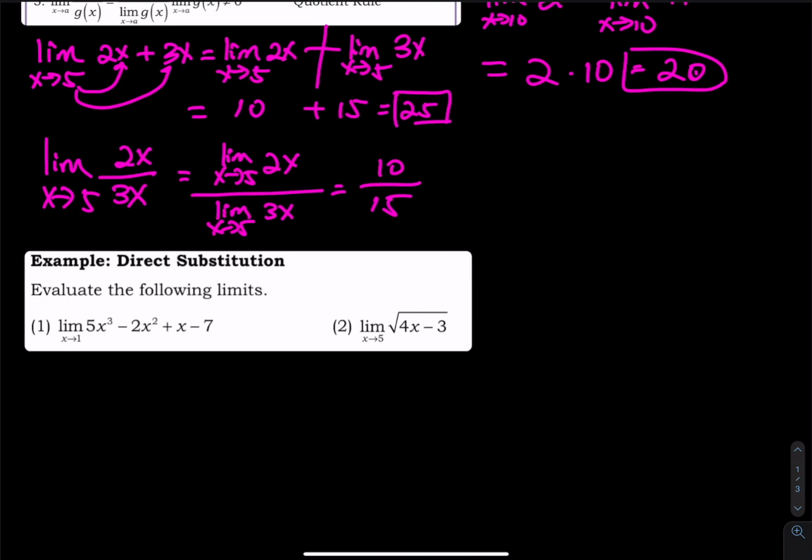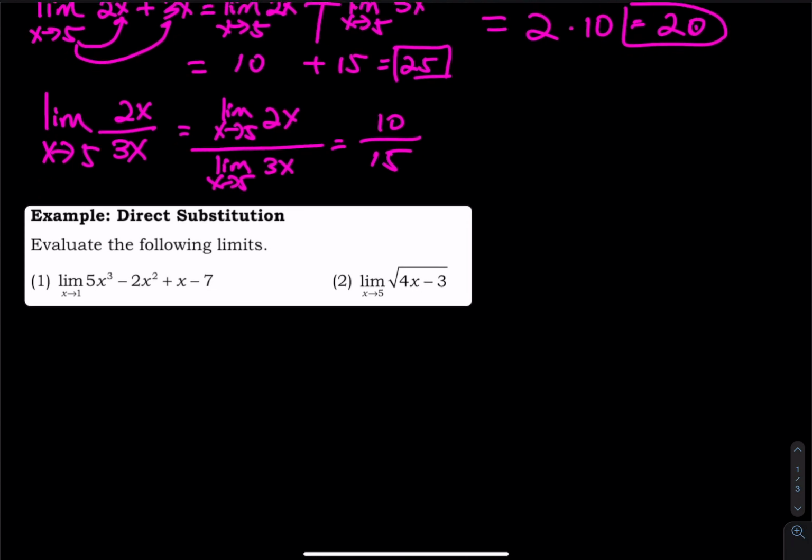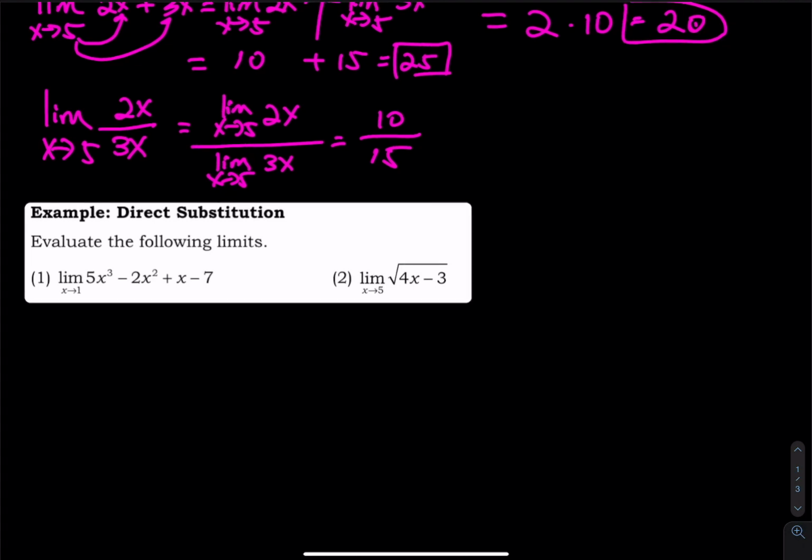You don't see a fraction, so you don't need to worry about having a 0 in the denominator. Therefore, you just plug in. For the first one, you plug in 1. So you have 5 times 1 to the third, minus 2 times 1 squared, plus 1 minus 7. This is just 5 minus 2 plus 1 minus 7. 4 minus 7 is negative 3.